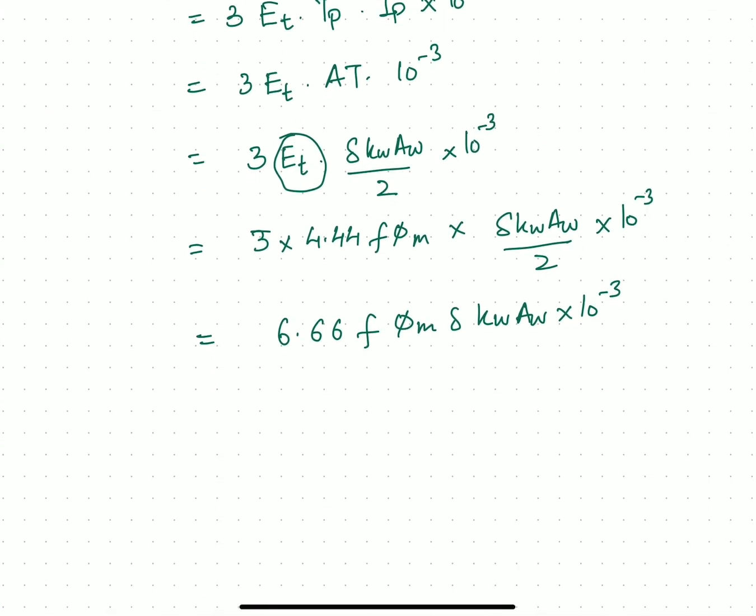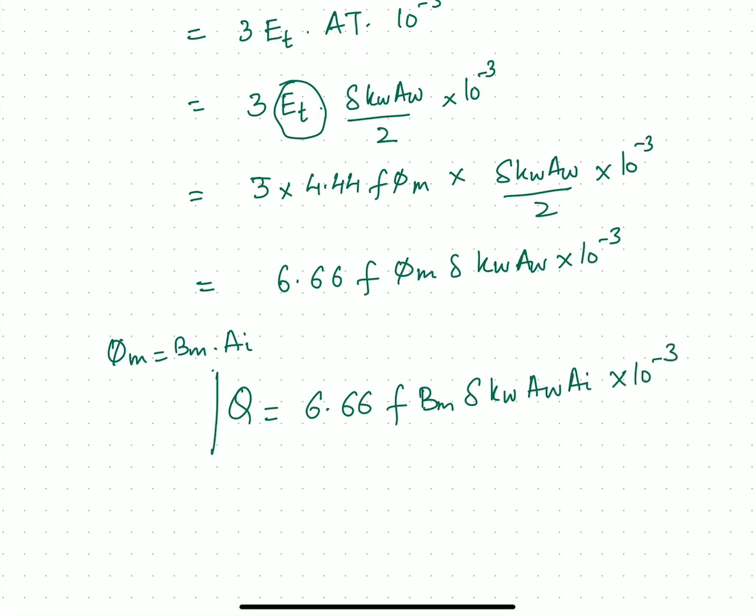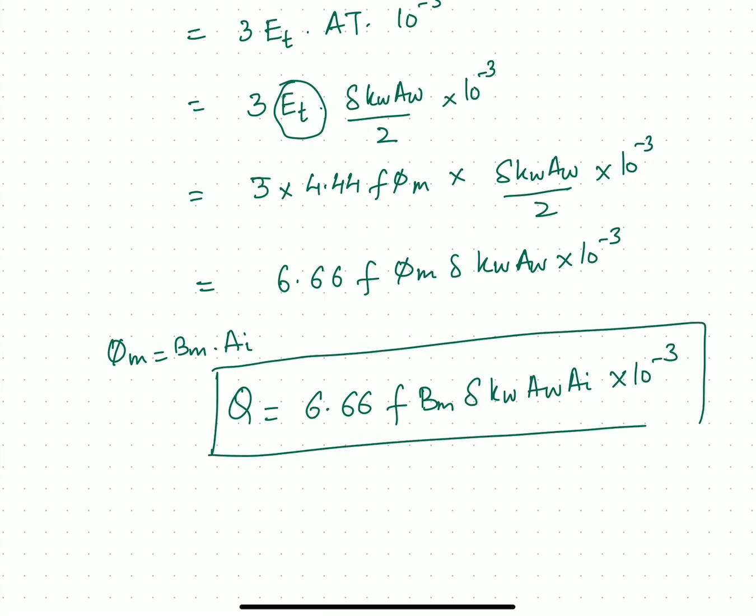And if you substitute phi m with Bm into Ai, which is the iron area, we come up with this equation: 6.66 F Bm delta kW AW AI into 10 to the power minus 3. So this is the output equation for a three-phase shell-type transformer.